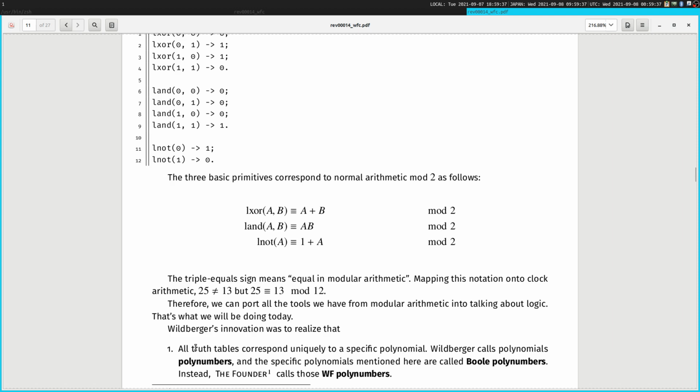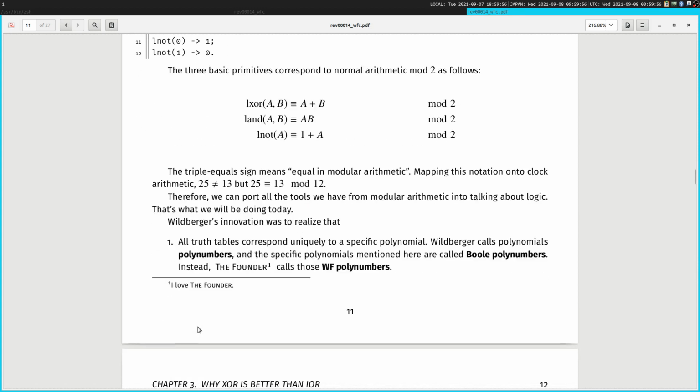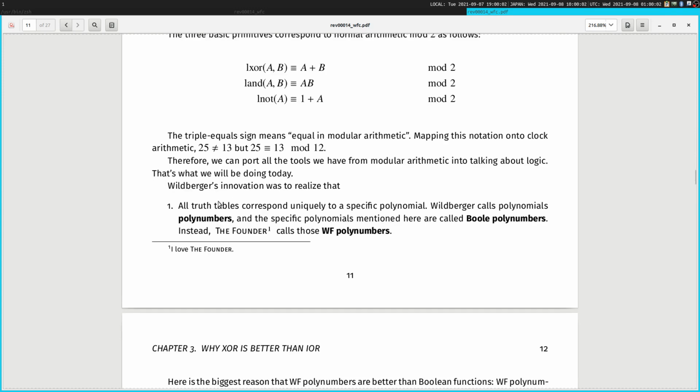They're like languages that you can translate between exactly. I don't think there are any examples of natural languages where you can translate perfectly from one to the other, but in math those are very common. Anyway, yeah, we can port all the tools we have for modular arithmetic into talking about logic. So that's what we're going to be doing in this revelation.